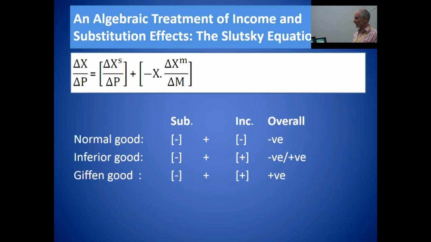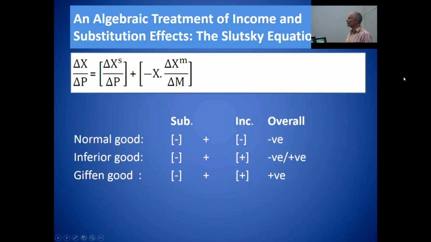Now in the conventional case, where we have a non-Giffen good, we said that the substitution effect dominates. And so the negative effect is larger than the positive income effect, and so overall we have a negative relationship between price and quantity. And what does that lead to? Negative relationship, price and quantity moving in opposite directions, a downward sloping demand curve.